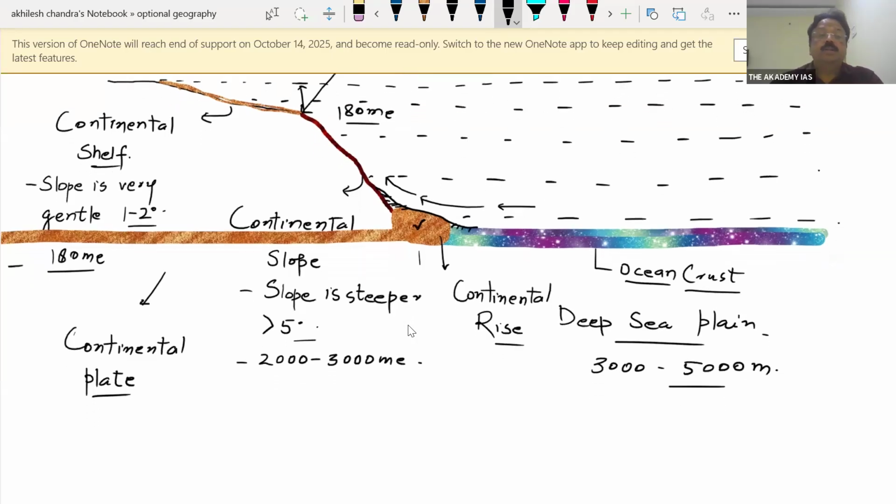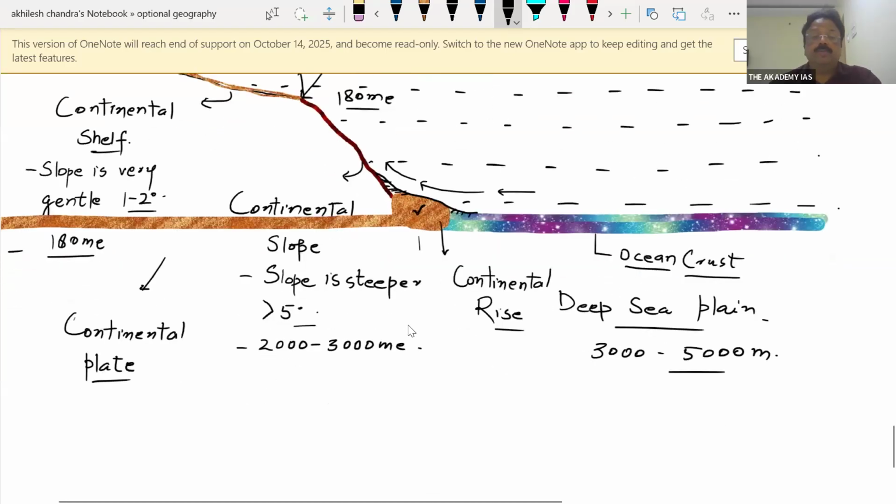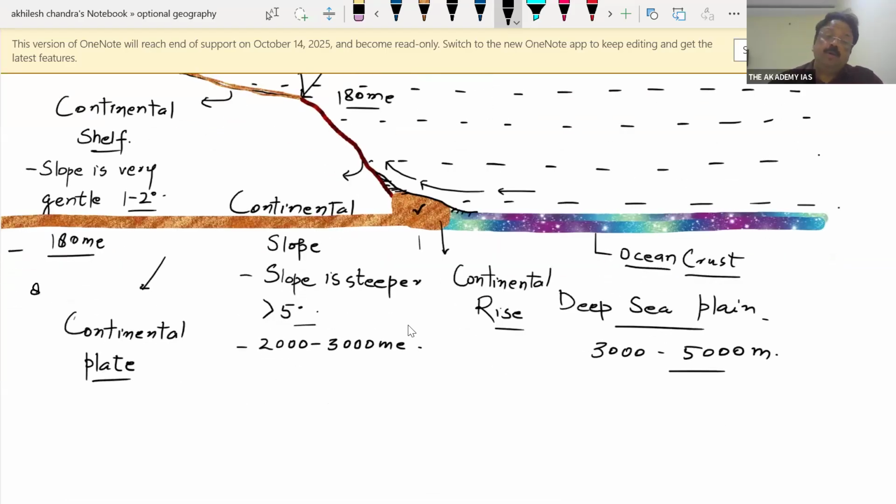So continental shelf, continental slope, continental rise, and deep sea plain. These are the peculiar features of ocean topography. Almost 8.6% of the total area of the ocean belongs to continental shelf, and almost 8.5% is continental slope.